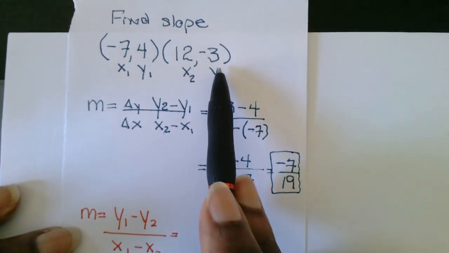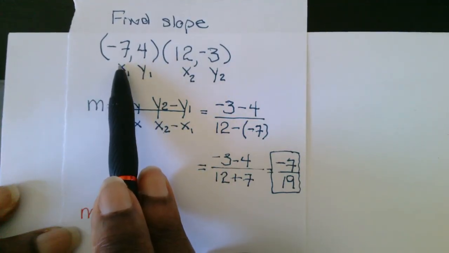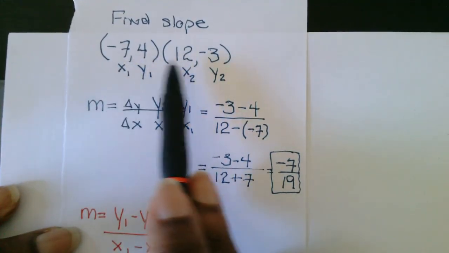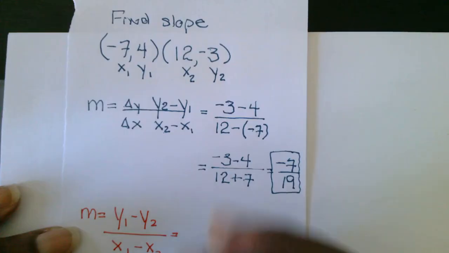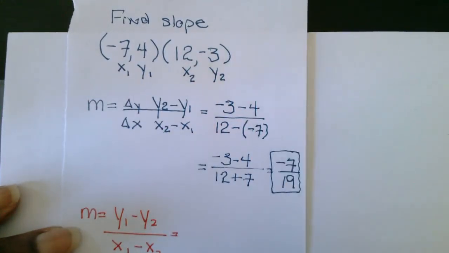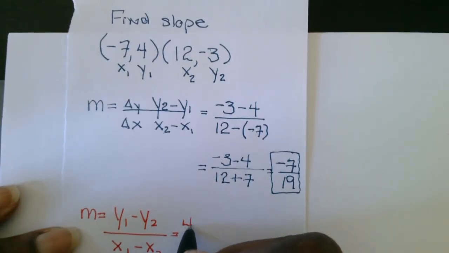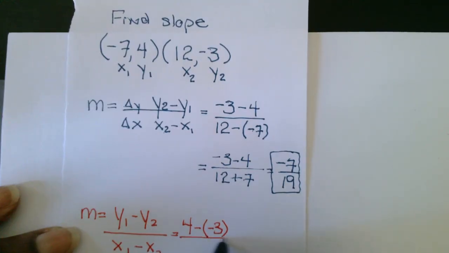That's why when people go from y2 to y1, they're fine, but then in the denominator they'll do x1, x2. You're going to get an answer, but it's going to be wrong. So why not read from left to right, left to right? So you can do 4 minus the negative 3, and then negative 7 minus the 12.